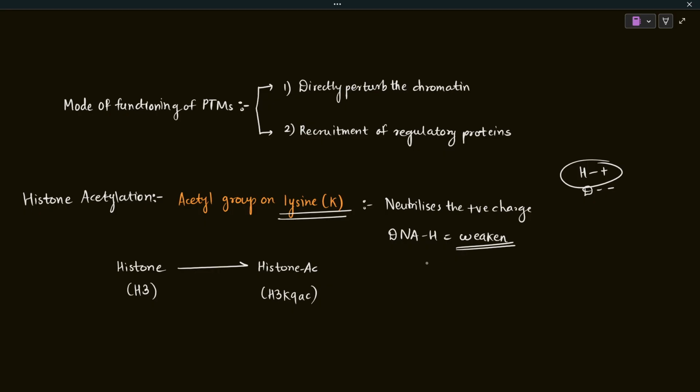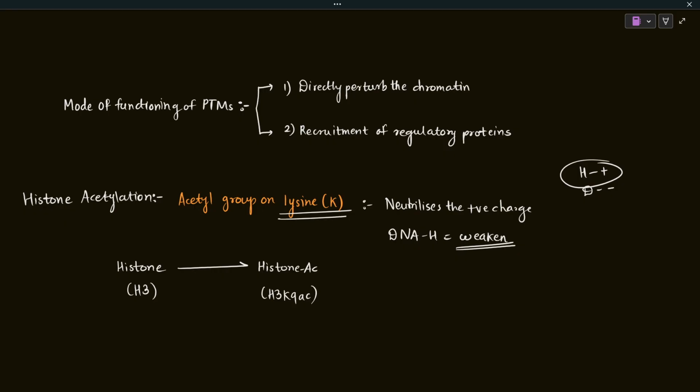So tell me what will happen. Will it make the chromatin more dense or loose? Pause the video, think about it. What will be the answer? Whether it will pack it densely or loosely. The answer is that whenever DNA-histone interactions weaken, it is going to loosen up the chromatin. It's an obvious answer, because histones are used for packaging of DNA.